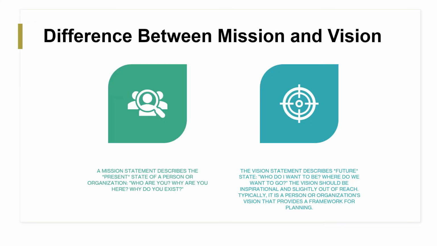And what are the differences between mission and vision? So kalau you tengok tadi kan, the vision is a statement describing the future state, dalam berapa tahun ataupun bila, dalam sesuatu benda yang akan berlaku pada masa hadapan. Okay, who do I want to be? Where do we want to go? The vision should be inspirational and slightly out of reach.